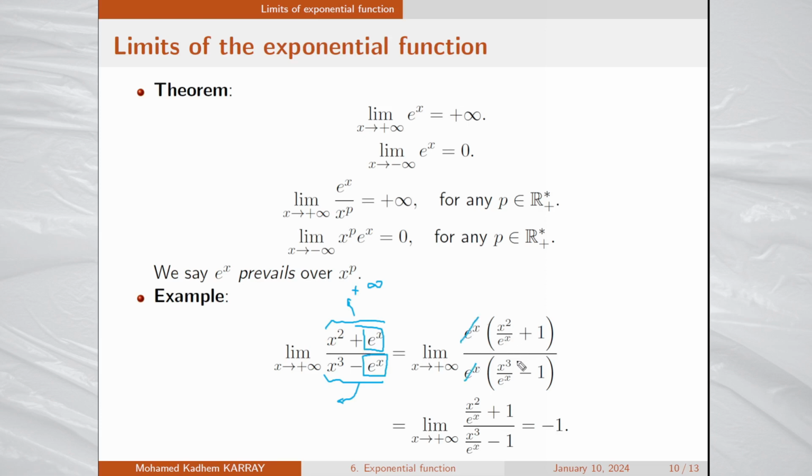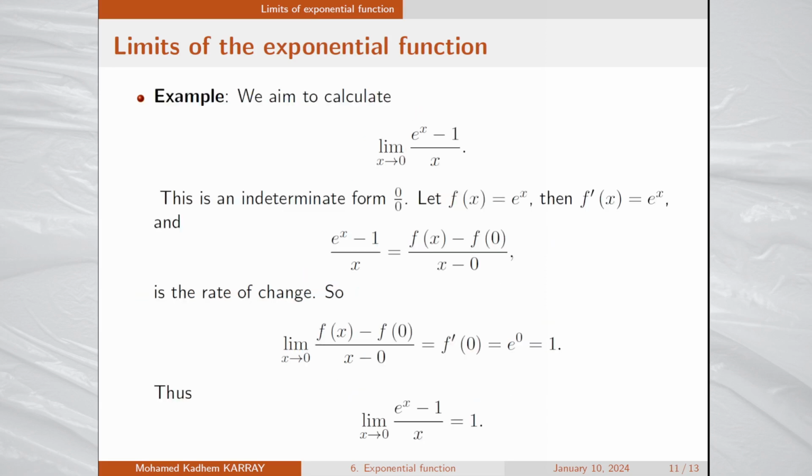And for the remaining terms here, we know since exponential prevails over any power of x, this term here will go to 0. Also, this term here will go to 0. So at the end, we get that the limit will be 1 over minus 1, which gives minus 1.